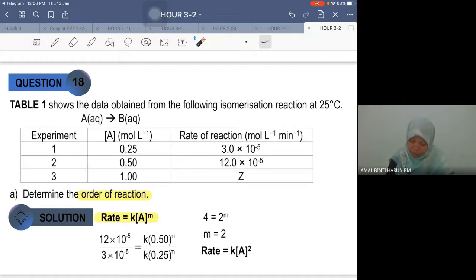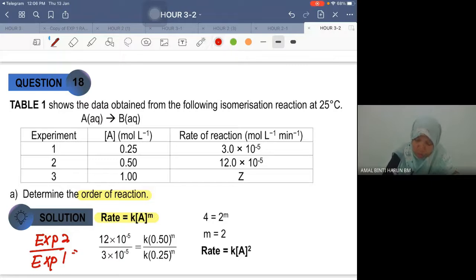For this solution, dia buat eksperimen 2 divide by experiment 1. Okay, di mana substitute saja dalam rate dia, dalam rate law. Okay, rate experiment 1.